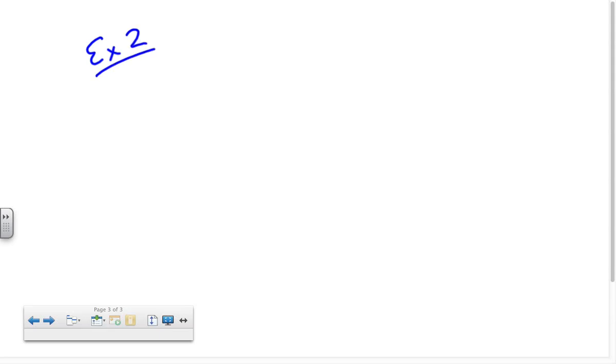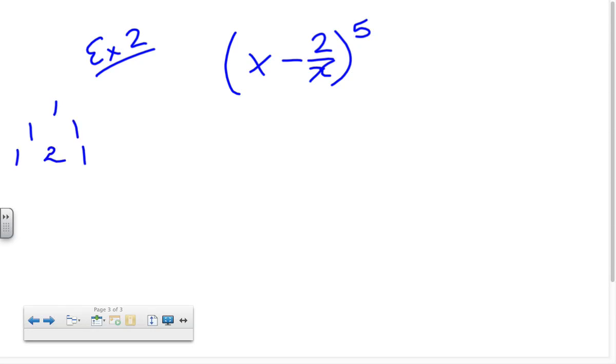So example 2, we have what might be considered a hard binomial, raised to the 5th power. So let's do a mini Pascal's triangle for a moment. 1, 1 and 1, 1, 2, 1, 1, 3, 3, 1. Oh, we ran out of room. 1, 4, 6, 4, 1.